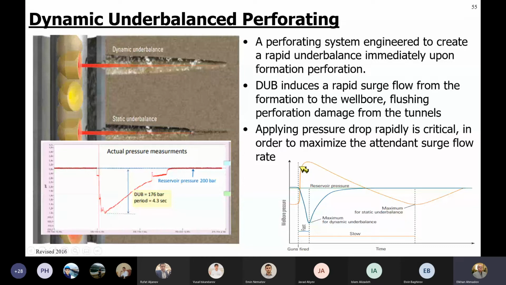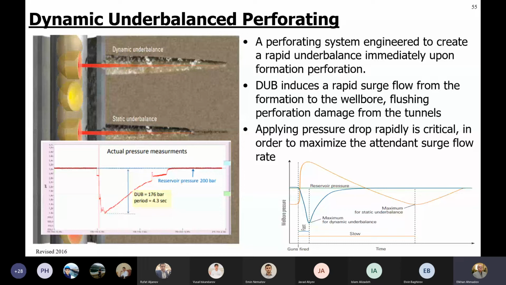at the same time, the capsules or chambers that will create dynamic underbalance are also exploded, and some very light substances or gases are released into the wellbore, which creates very low pressure downhole in the perforation zones.